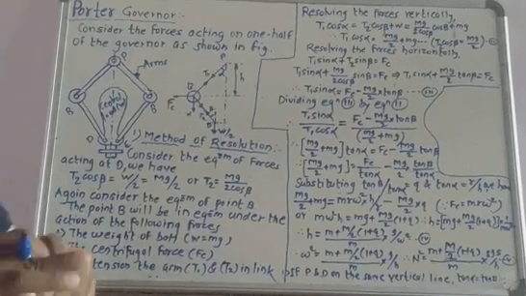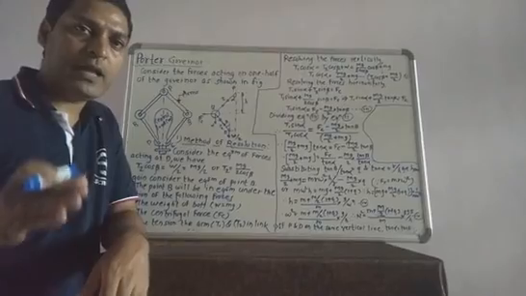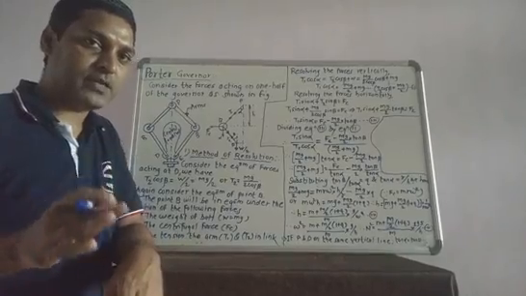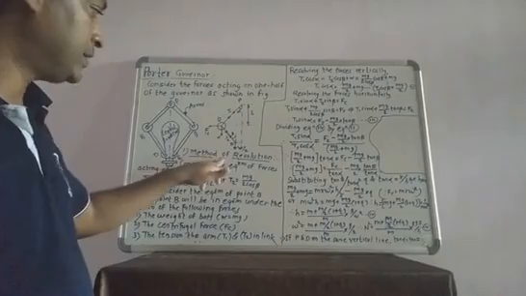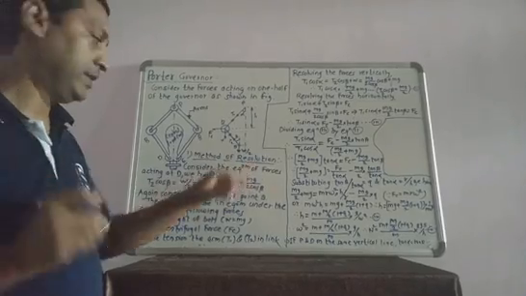So there are different methods to get the relation between height of the governor and the speed of the governor. But as far as our syllabus is concerned, we'll focus on two methods. First one, method of resolution, and second one, instantaneous center method.